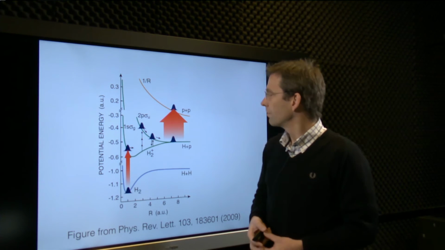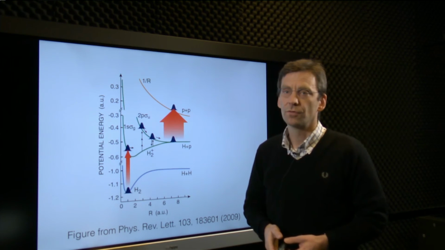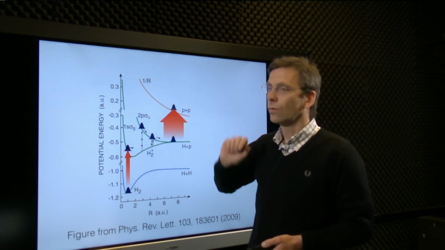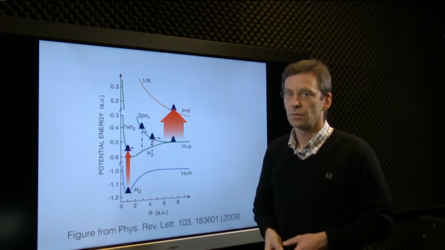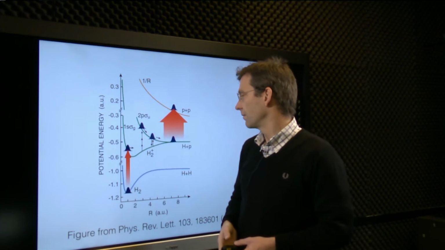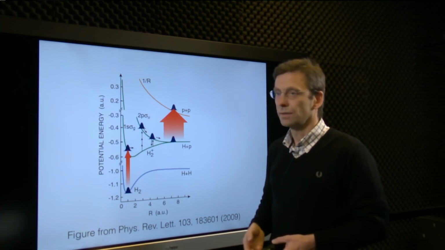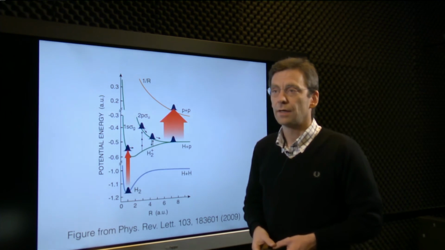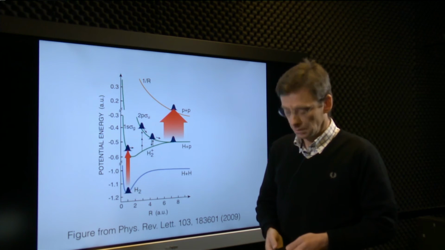Conversely, if this second ionization happens at a smaller internuclear distance, there's more energy stored in the 1/R Coulomb potential, and such an event will lead to a signal at higher energy in the KER spectrum.